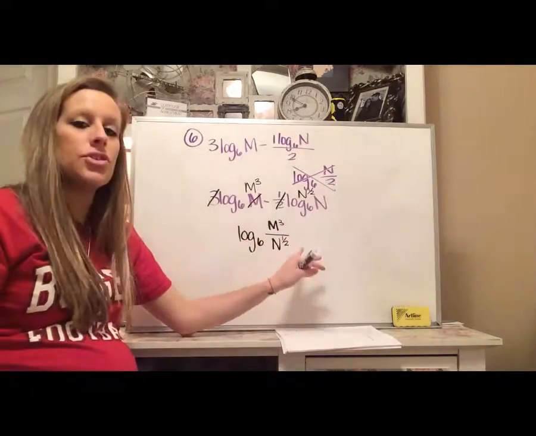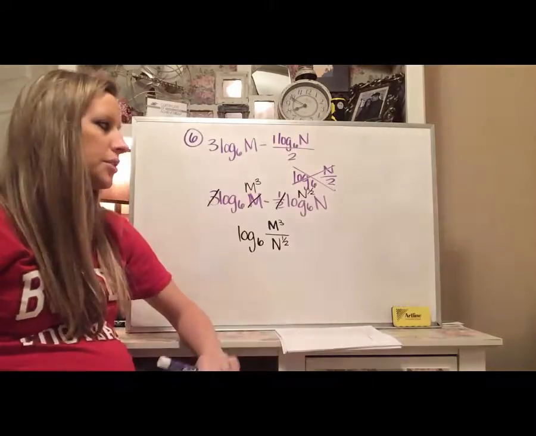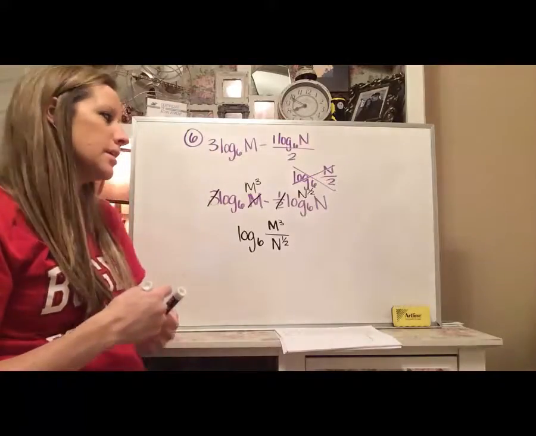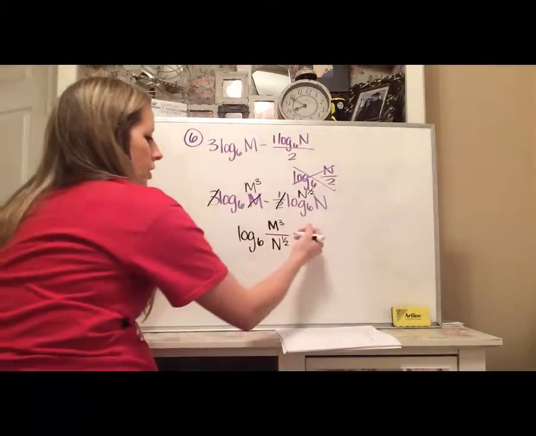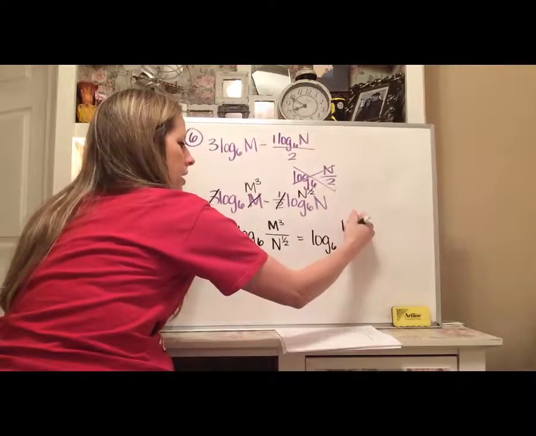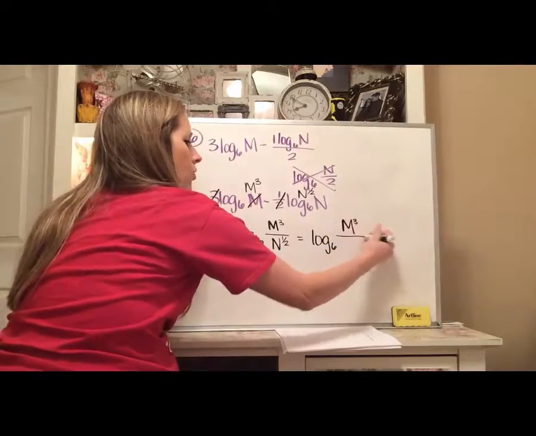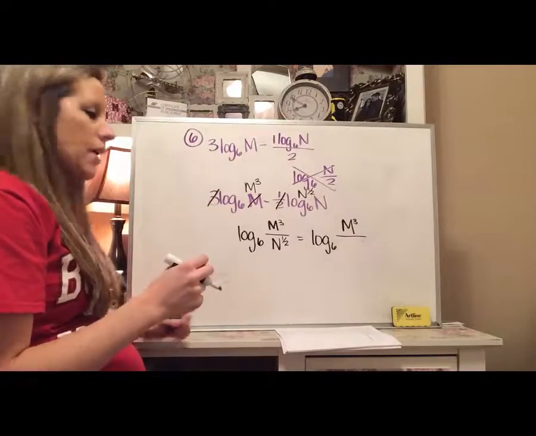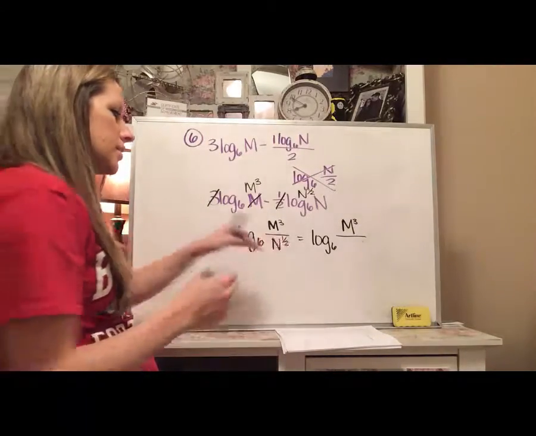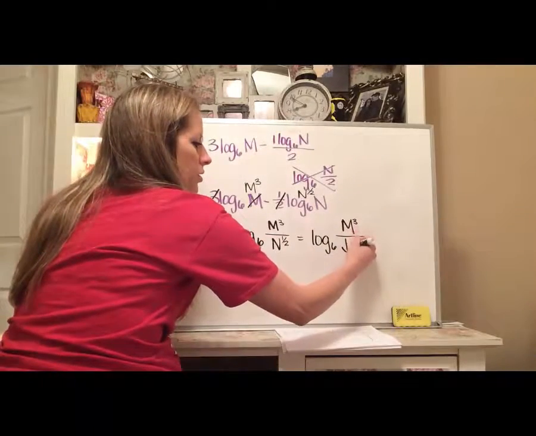I want you to go ahead and fix that into a radical, just as a little practice, a little refresher on rational exponents. So this is going to be log base 6 of m cubed over, okay, if I want to change this rational exponent to a radical, anything to the 1/2 power is the same thing as square rooting it.